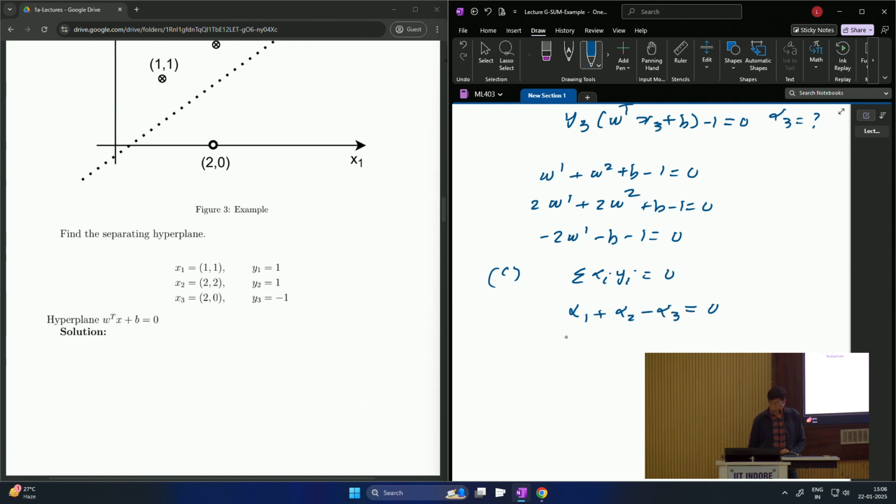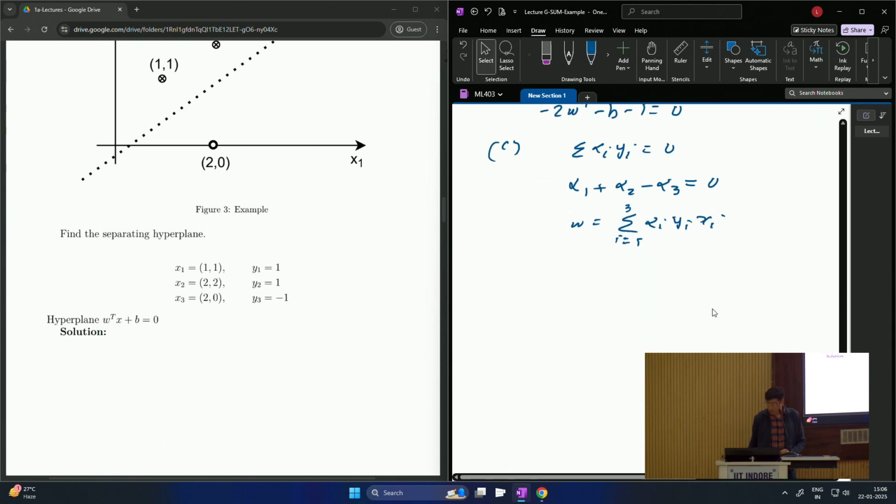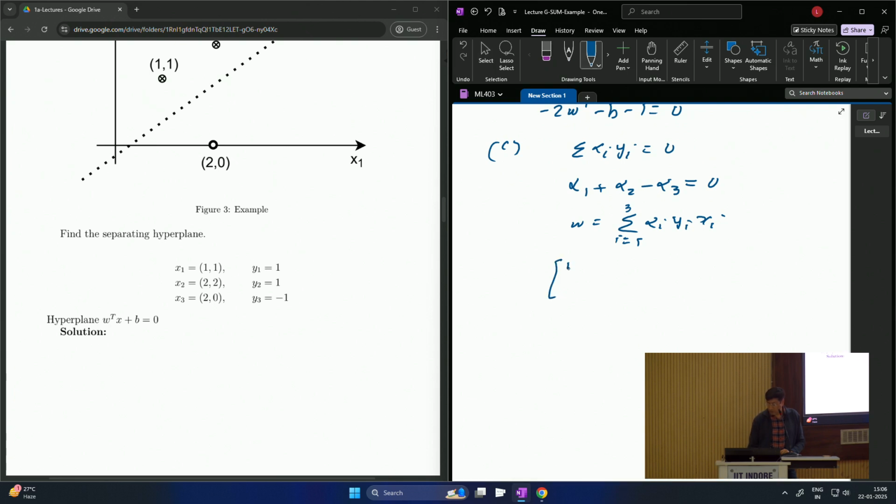Correct? Another condition said that W is equal to summation of alpha i yi xi, i going from 1 through 3. There are 3 points. So you will write it down. This is W1, W2 is equal to alpha 1, we don't know, y1 is 1.